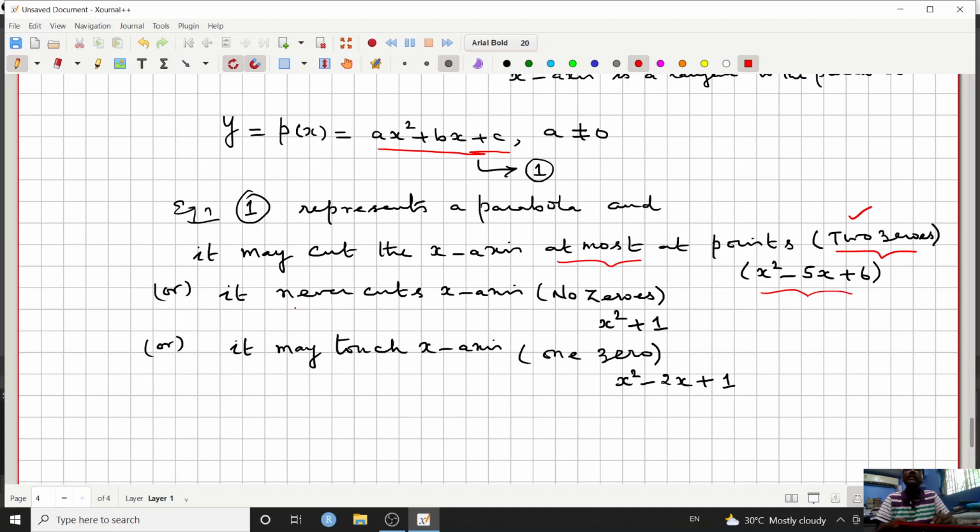Or it never cuts the x-axis, and the given quadratic polynomial has no zeros at all. Or the parabola may touch the x-axis, and in that case the corresponding quadratic polynomial has only 1 zero.